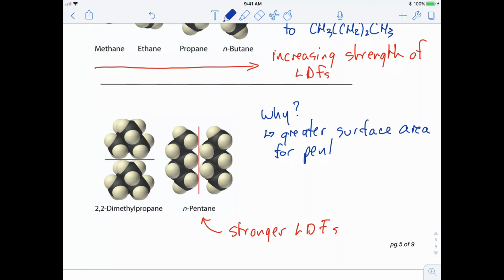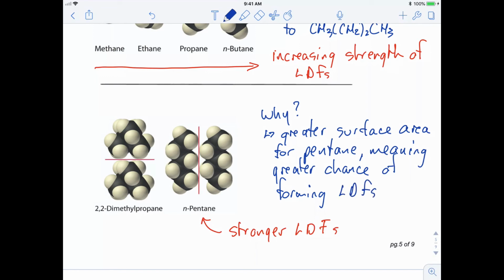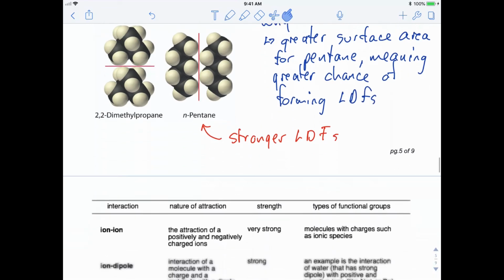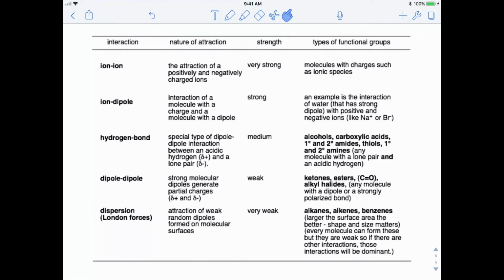And why are the dispersion forces stronger? It is because pentane has a greater surface area, meaning there's a greater possibility of establishing London dispersion forces along that chain. With 2,2-dimethylpropane, which is essentially spherical, there's only a few points of contact for London dispersion forces.